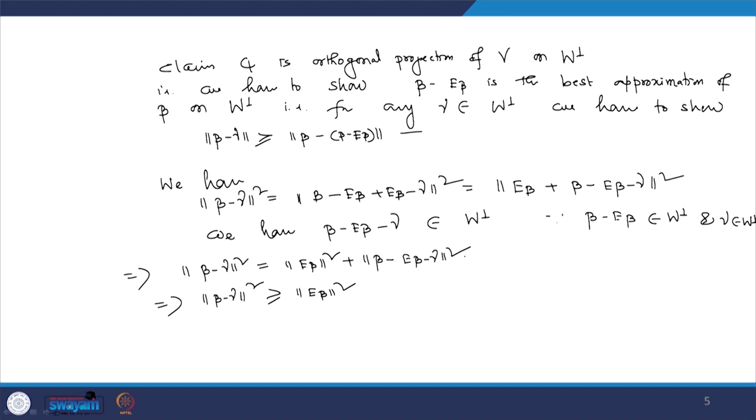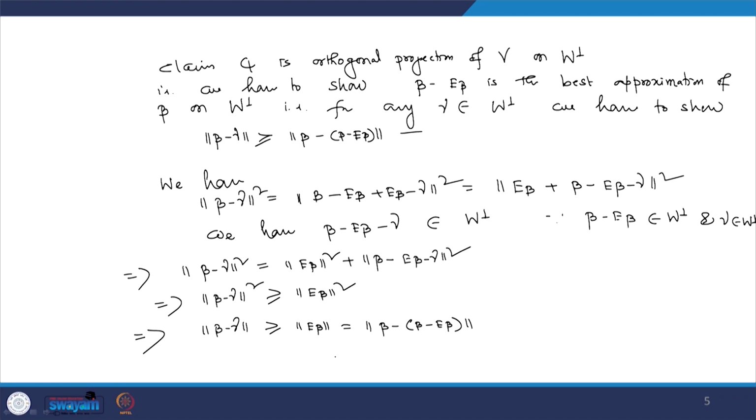Therefore, norm of beta minus gamma is greater than or equal to norm of E beta, which is equal to norm of beta minus E beta.